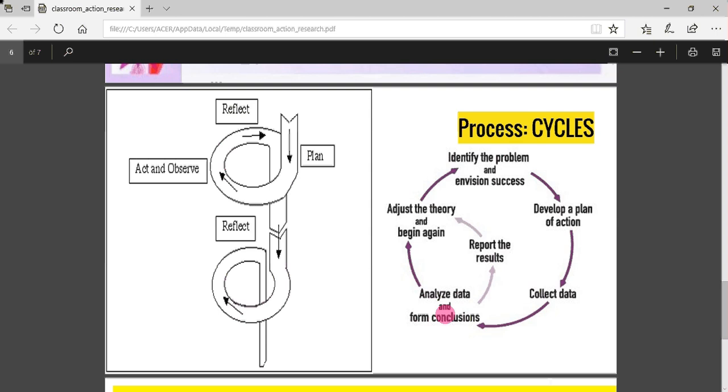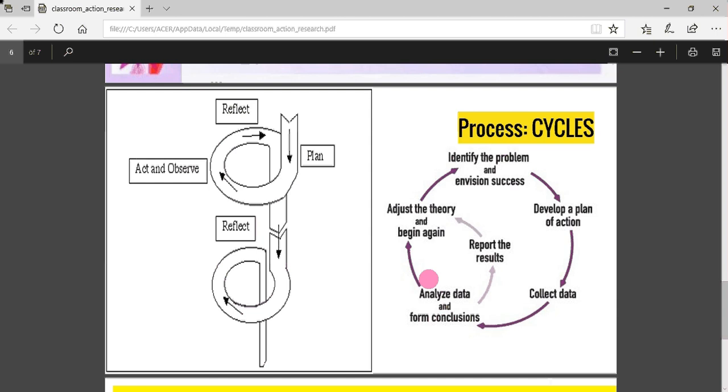So to conclude today, the process of classroom action research is in the form of a cycle. When the problem is overcome in one cycle, your action research is finished in one cycle.